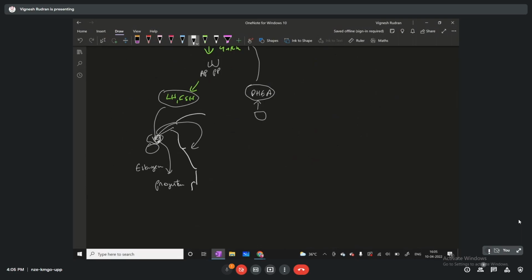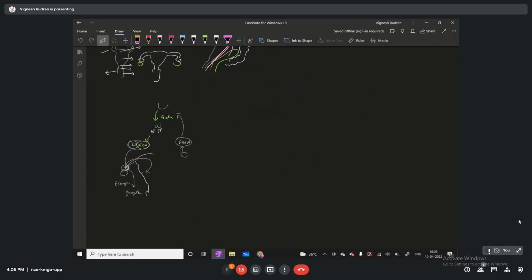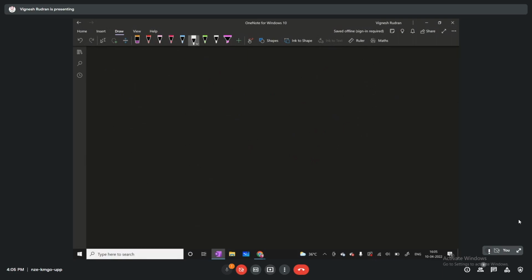So you have a feedback inhibition where, when there is an excessive LH surge, there will be decreased FSH, and there are certain regulatory mechanisms to ensure that when one hormone increases, the action of other hormones decreases. So those are all the basic points related to the anatomy and physiology which I need to cover before getting into the topic proper. So let's start with obstetrics.